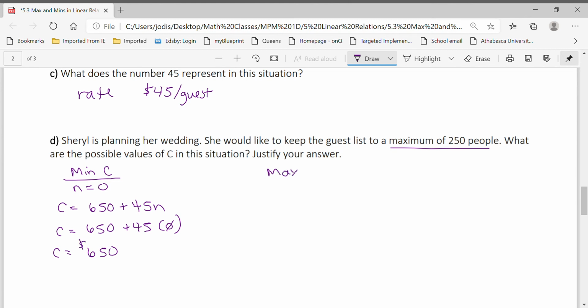The maximum, right, maximum C, maximum cost here, well, she wants to invite a max of 250 people, so we're going to put in that for our number of people.